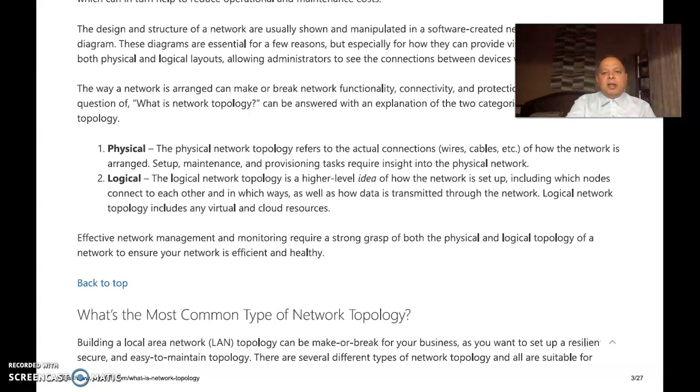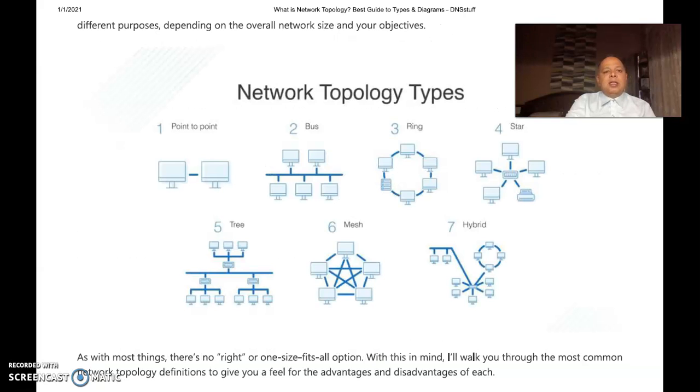We already defined the logical and physical topologies, and we have also pinpointed why this topology is very, very important. Now, what are the common topologies? You can see in the diagram that if you study the design of any network, then you might fit that network into one of these types, but not necessarily.